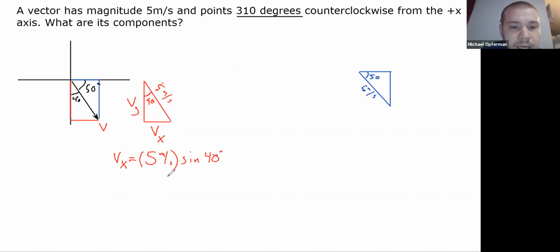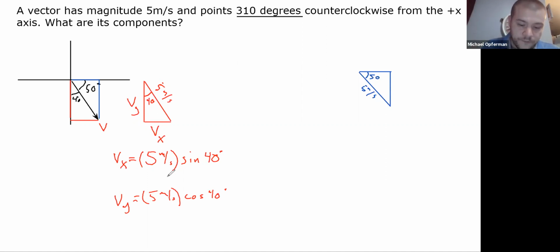Again, why did I pick sine there? Because sine equals opposite over hypotenuse, and I can see in the picture that Vx is on the opposite side of the triangle from the 40-degree angle. And then Vy is 5 times cosine 40, because Vy is touching the 40-degree angle.